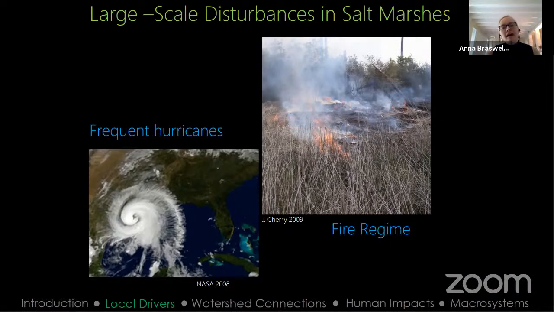And we've seen that there are fire regimes in the pines there that can also jump into marshes along the Gulf Coast. So in studies in Mississippi, we've seen that fires in the pines can jump into the high marsh area where there's a lot of rack and burn into marshes. So they're facing these two larger scale disturbances in addition to the daily disturbances of flooding that they face.